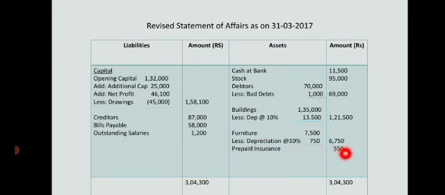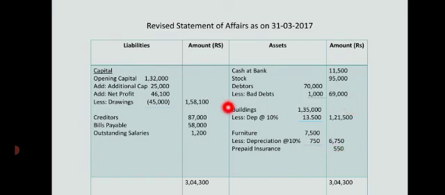So prepaid insurance 550. So cash at bank 11,500, stock 95,000, debtors amount is written in the inner column, less bad debts 1,000, outer column 69,000, buildings 1,35,000, less depreciation at the rate of 10%, 13,500, outer column 1,21,500, furniture 7,500, less depreciation at the rate of 10%, 750, outer column 6,750, and last one prepaid insurance 550.